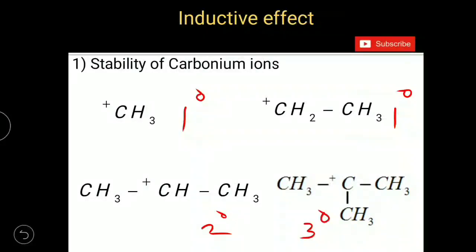The methyl carbonium ion has a positive charge on a carbon atom to which no other carbon atoms are bonded, so it is primary.